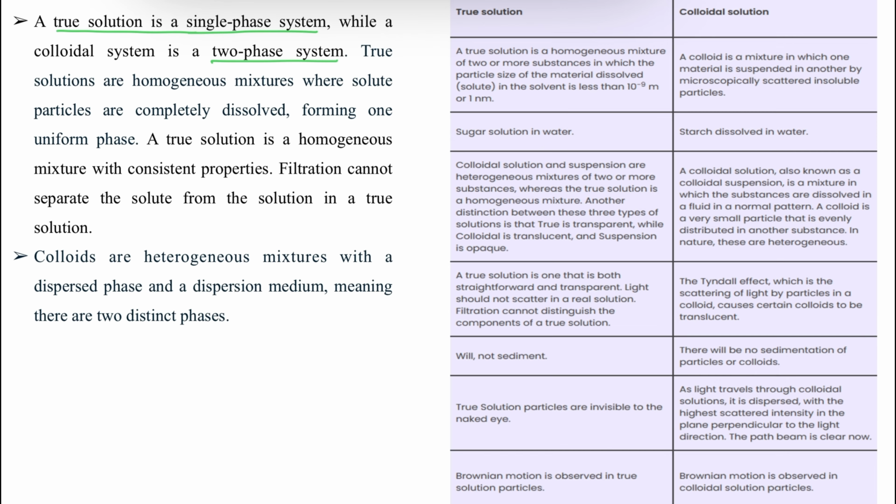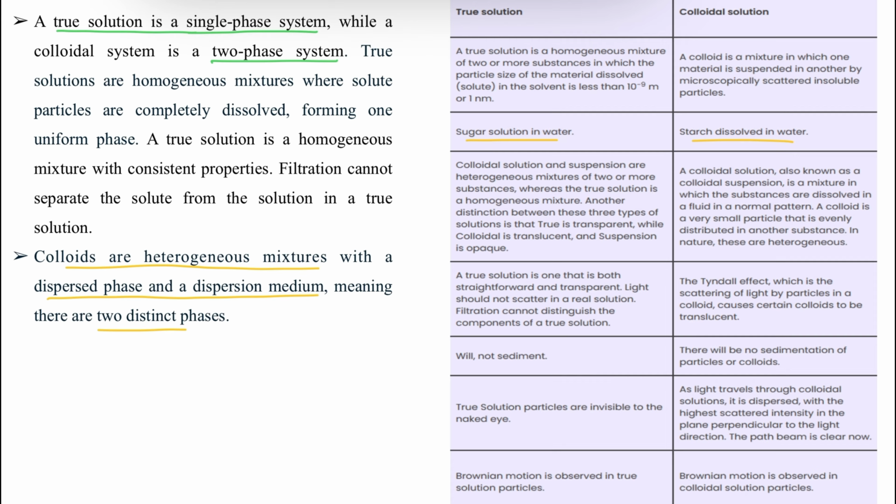Filtration cannot separate the solute from the solution in a true solution, whereas colloids are heterogeneous mixtures with a dispersed phase and dispersion medium, meaning two different phases. An example of a true solution is sugar solution in water. An example of a colloidal solution is starch dissolved in water.